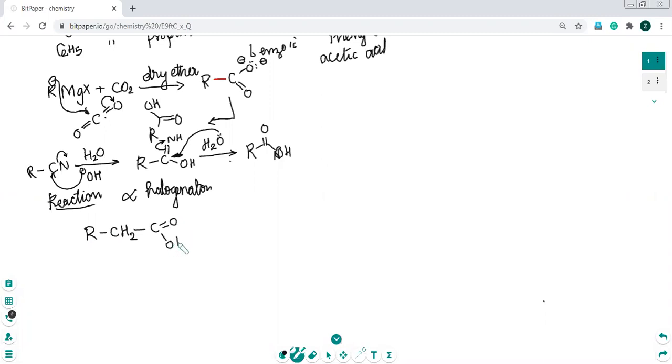See here. If you react this with bromine and red phosphorus, you will get the corresponding alpha halo acid.